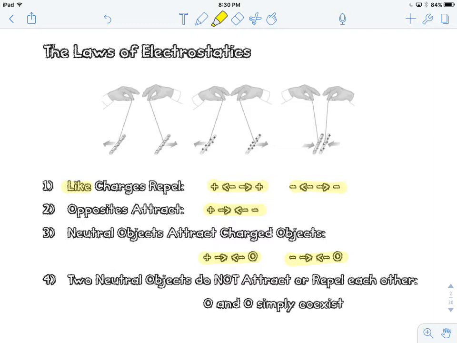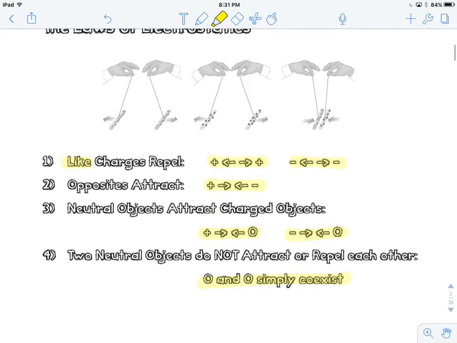When we bring that charged balloon close to the wall, the balloon is charged negative, the wall is neutral, and the wall will attract the charged balloon. The last rule is that two neutral objects do not attract or repel each other. They simply coexist. So when two objects are neutral, there's no attraction that takes place.